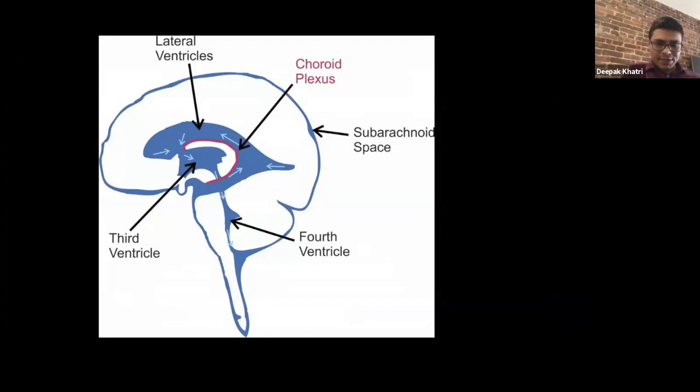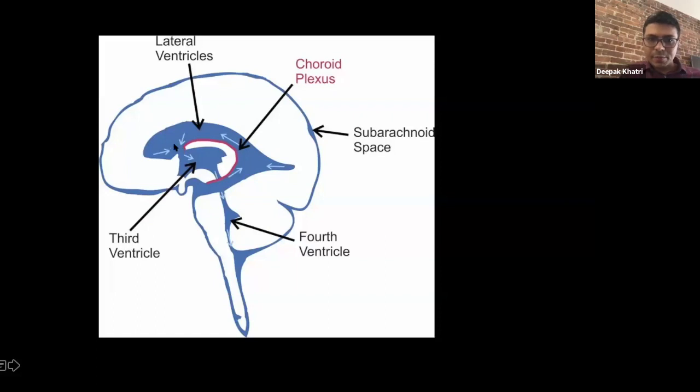So as we know, the ventricles produce and contain the CSF. Of the CSF, 80% is produced by the choroid plexus in the lateral ventricles itself, and the remaining 20% is produced in the 4th ventricle and some other structures in the brain.